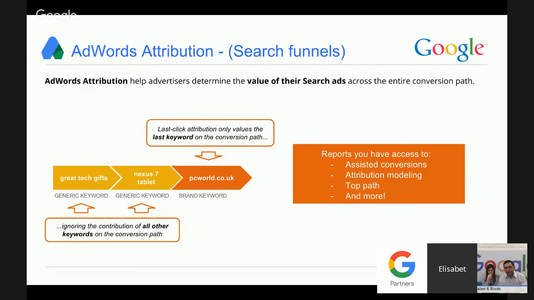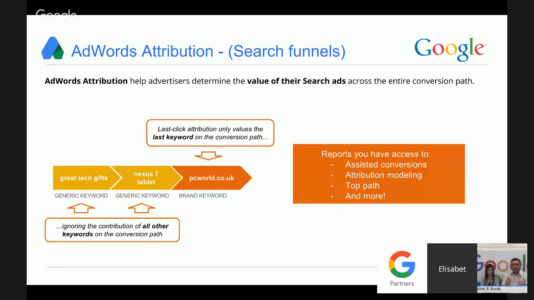For example, if you see 50 conversions as assist click conversions from the generic campaign, it means that it may have resulted in maybe 5 conversions in the past week as a last click, but helped 50 conversions from the brand keyword or any other campaign.